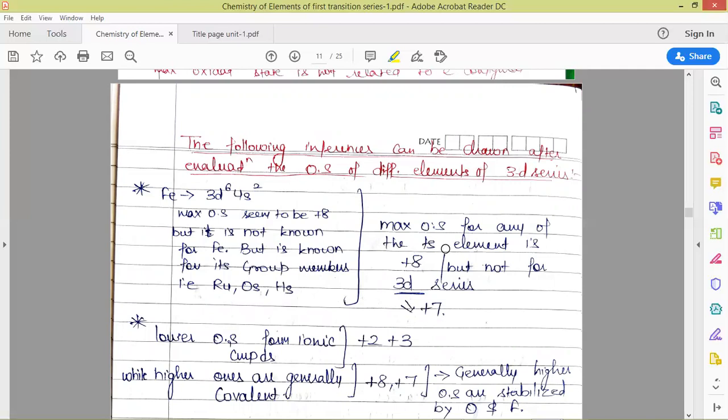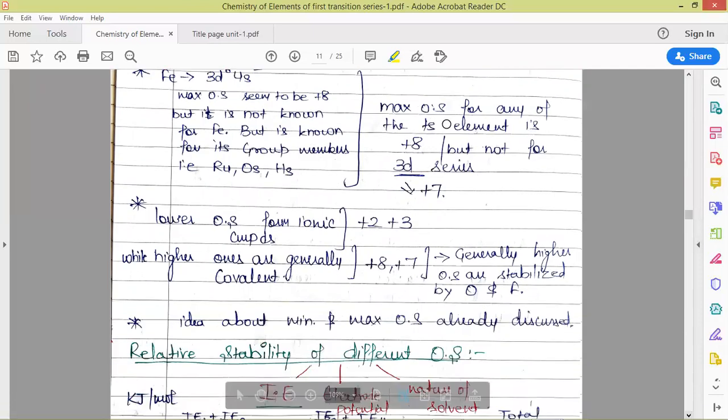Next, the maximum oxidation state for any of the transition elements is +8, but not for 3D series. So for 3D series, the maximum oxidation state is +7.